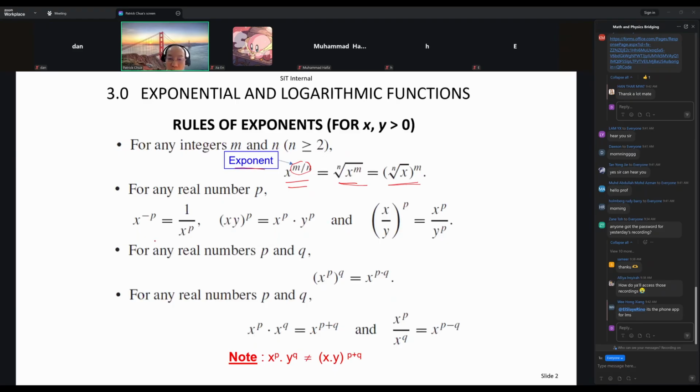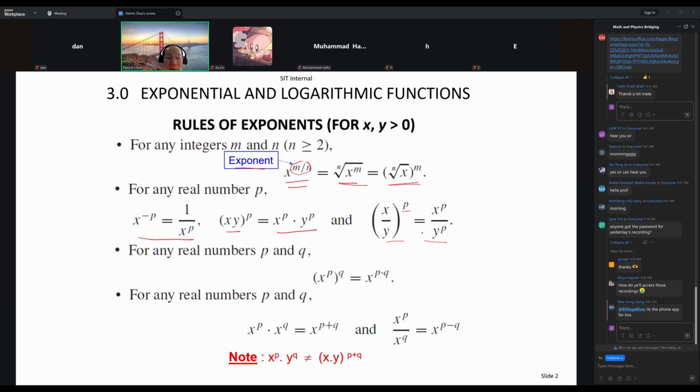Notice also that x to the power of minus p can be rewritten as 1 over x to the power of p. And (xy) to the power of p is x to the power of p times y to the power of p. And (x over y) to the power of p is x to the power of p over y to the power of p. So note all this, different ways of writing the same thing.